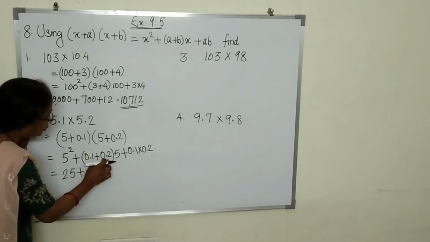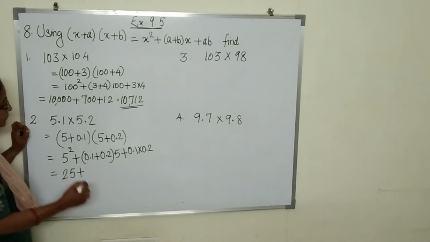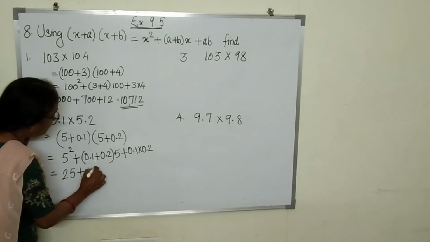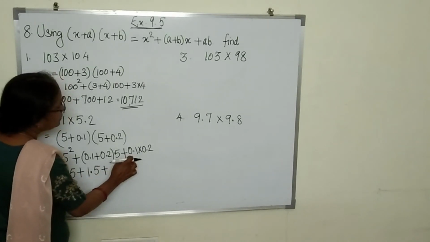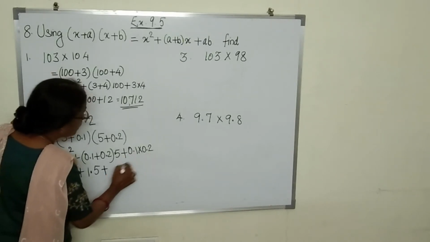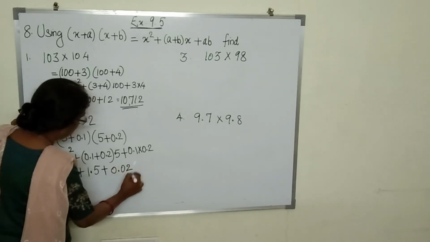When you add this to 0.3 into 5, 3 5s are 15, so 1.5, plus 0.1 into 0.2 will be 1 2s are 2 and then 2 decimal digits, so 0.02.